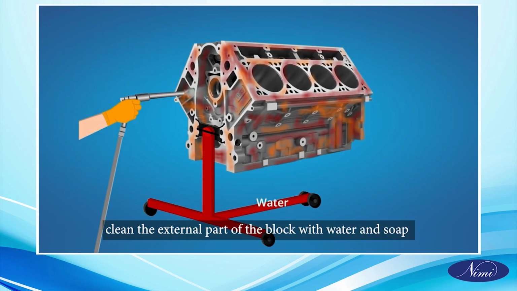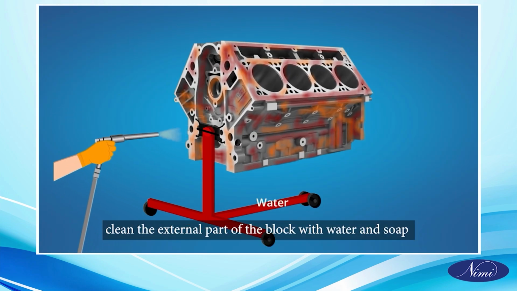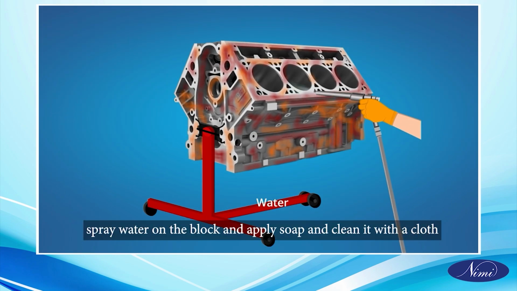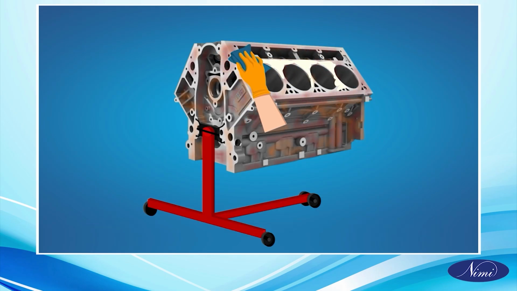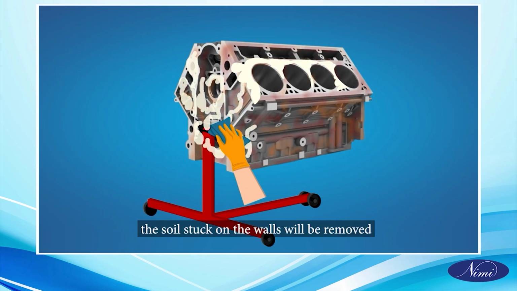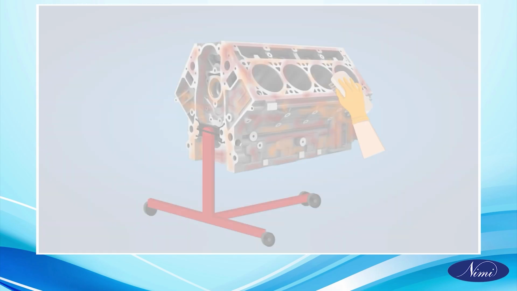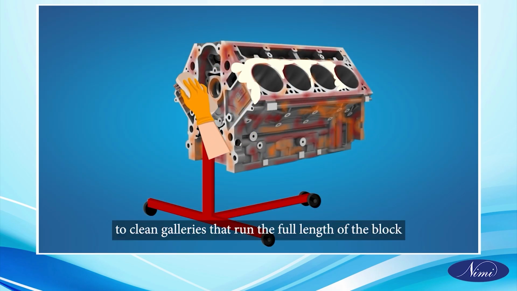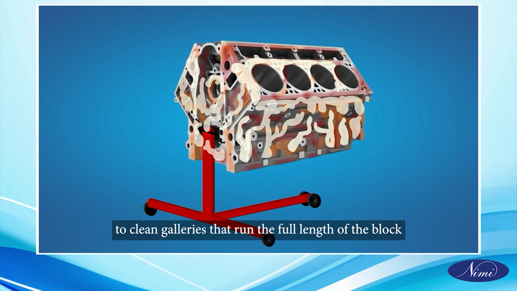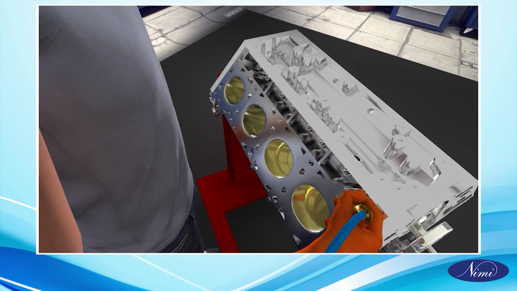Clean the external part of the block with water and soap. Spray water on the block, apply soap, and clean it with a cloth. The soil stuck on the walls will be removed. Use a stiff bristle brush with hot, soapy water to clean galleries that run the full length of the block.